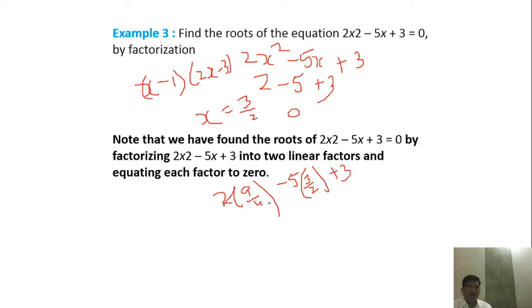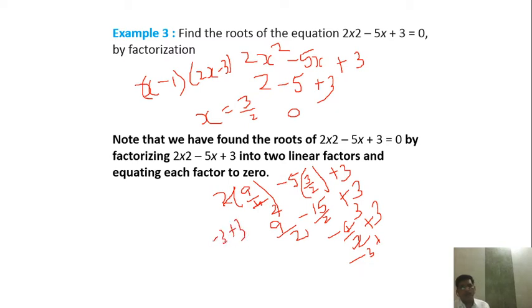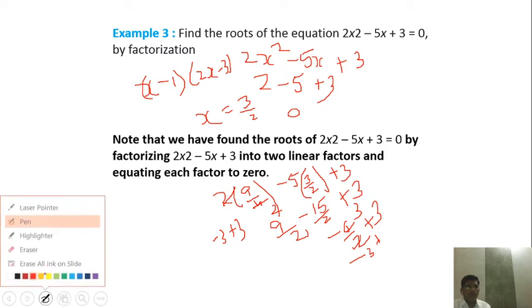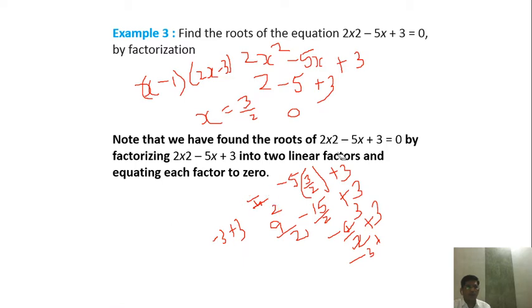Now here it cancels. So 9 by 2 minus 15 by 2 plus 3. So 9 minus 15, that is minus 6 by 2, plus 3, is minus 3 plus 3, and the answer is 0. So when we put the value, we get the answer 0.